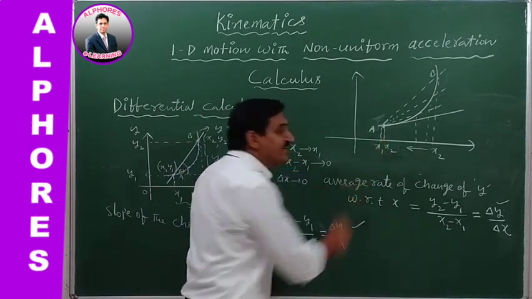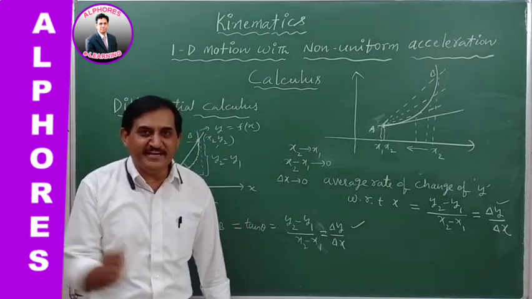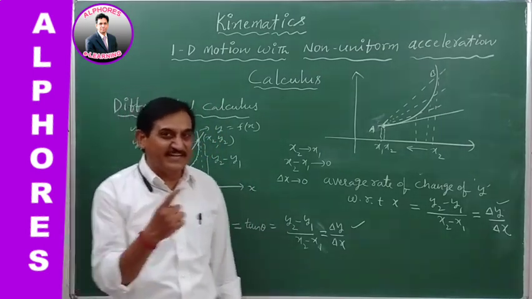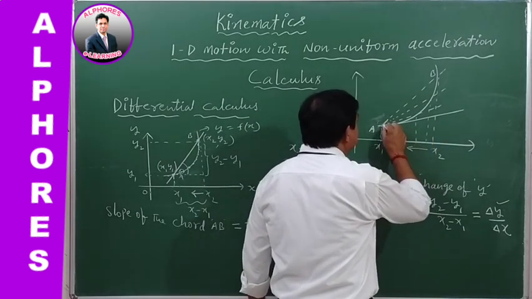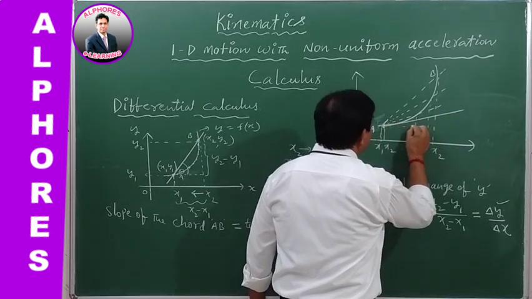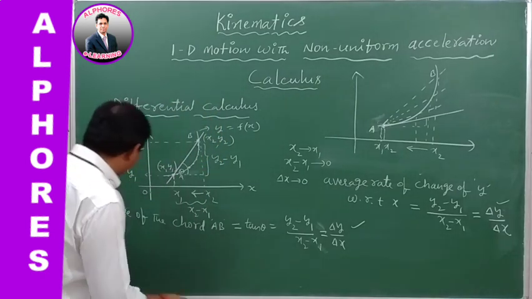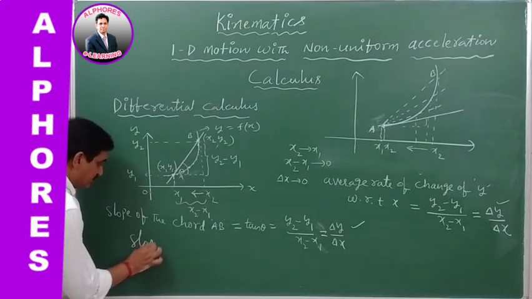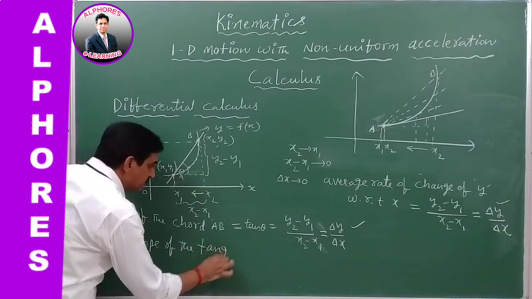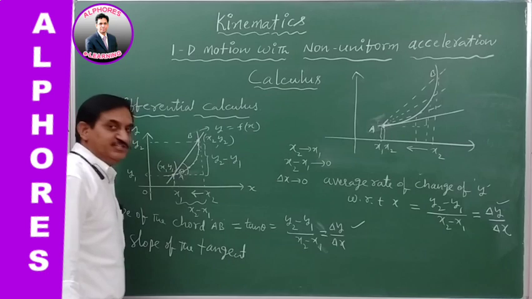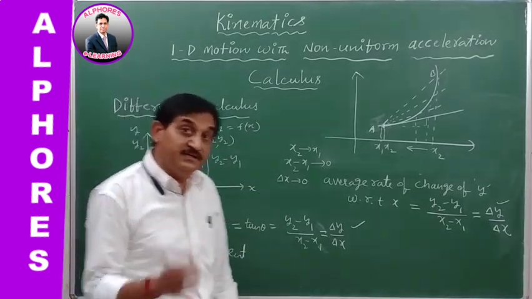It means the gap between x1 and x2 is almost 0, very negligible. So this is the limiting case. When we consider this tangent, what is the slope of the tangent? We can also find the slope of the tangent by taking the limit condition.